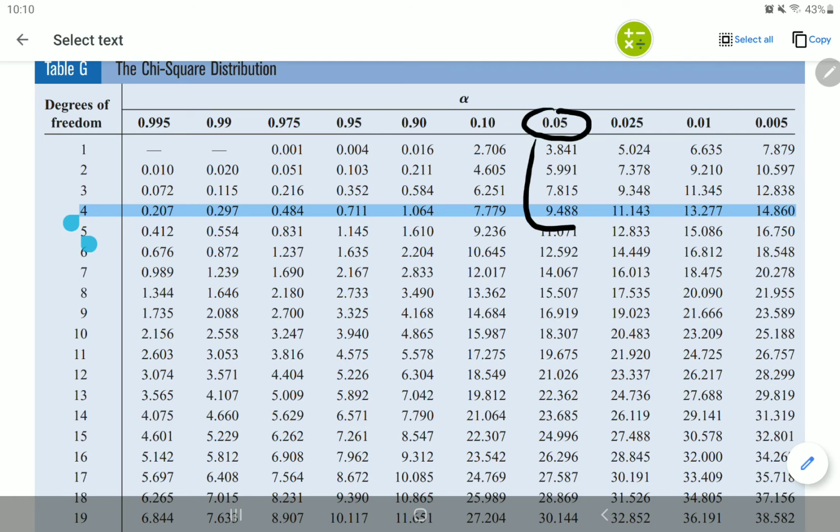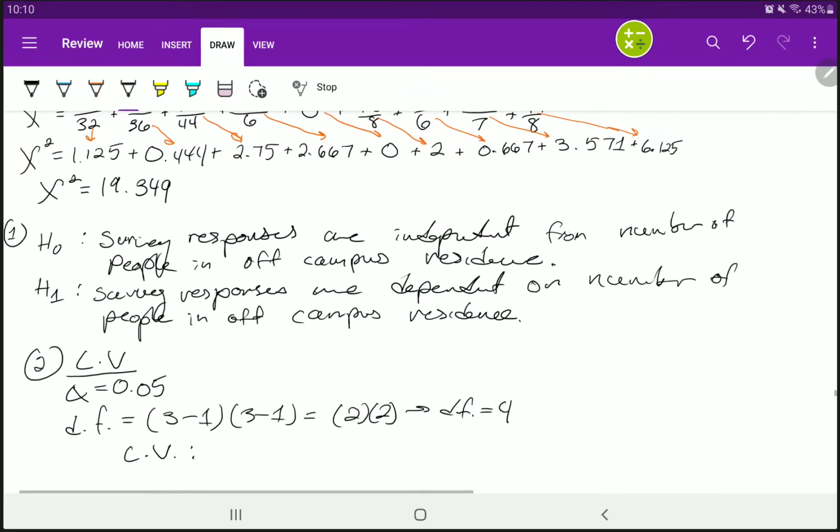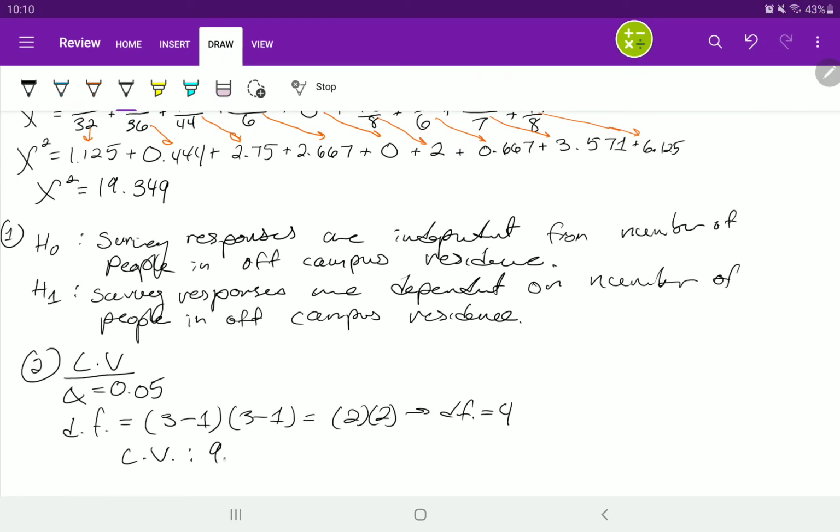The critical value is going to be 9.488. Okay, you guys have that. 9.488. Step number 3 is our test statistic, which we already calculated. That's going to be 19.349. So therefore, I can go to step number 4.